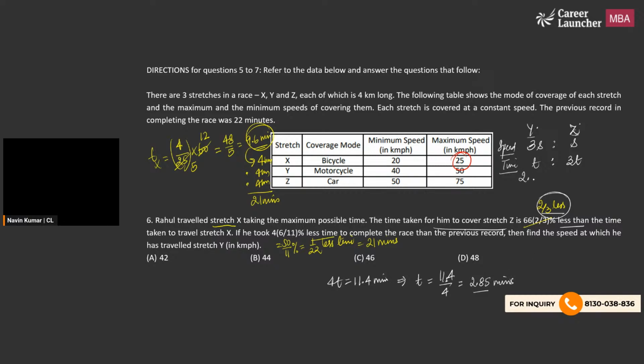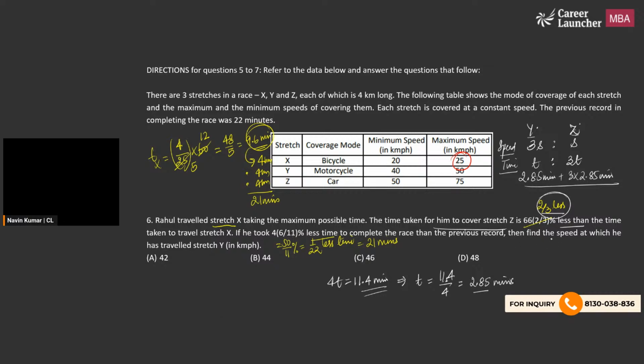That means he must have covered stretch Y in only 2.85 minutes, and he must have covered stretch Z in 3 times 2.85 minutes, so that the sum of the times turns out to be 11.4 minutes. Okay, so this is 57 and then 114. Fine. There's no calculation mistake here.